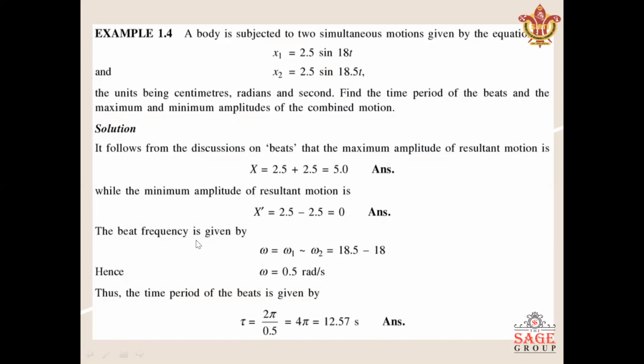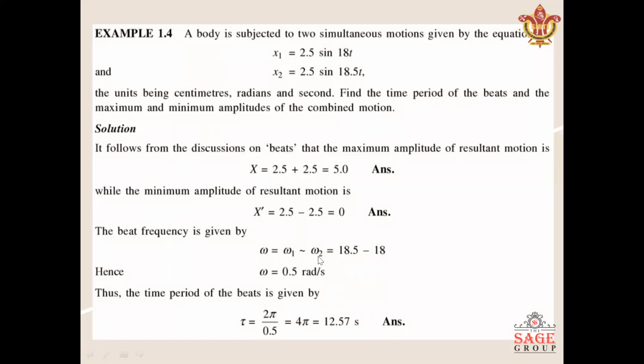The beat frequency is given by, relating it with the previous assumptions, omega 1 minus omega 2, the difference of these two, is eta, or this can be omega also. So eta is omega 2 minus omega 1.